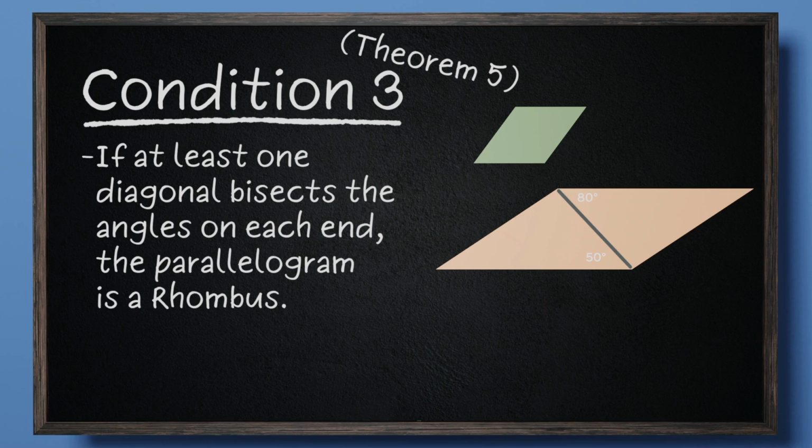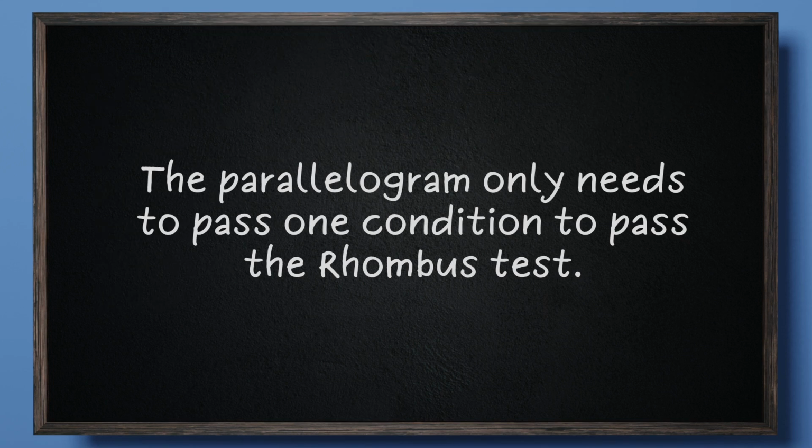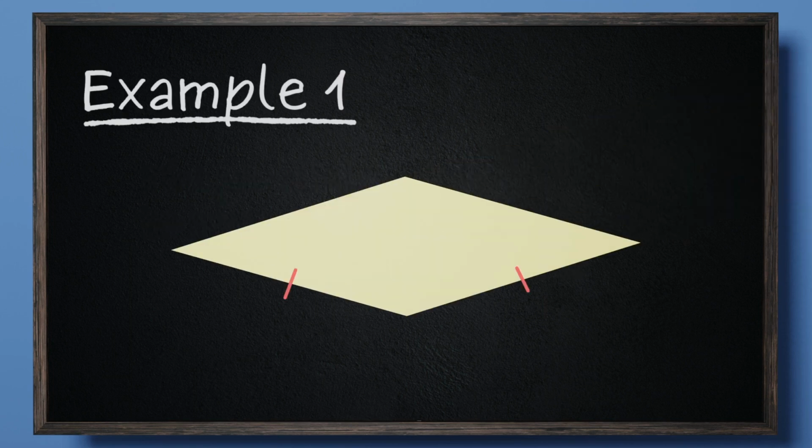Now we will examine three parallelograms to test if they are rhombi. Remember, a parallelogram only needs to pass one condition for it to pass the rhombus test. Example number one. Here we have a parallelogram with information only about its two sides. Looks like they are congruent. With this information, condition number one is satisfied, so the shape must be a rhombus.